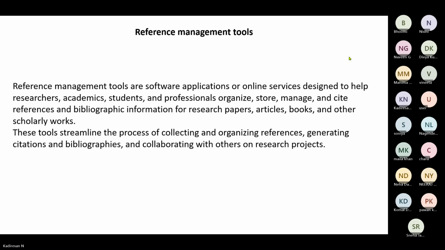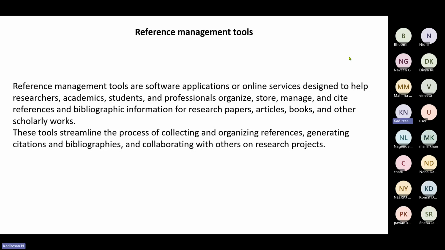Basically, reference management tools are nothing but the tools you use to manage your references. When you are going to write any dissertation, thesis or research article, the content you produce will either be your own content or content taken from somewhere else.